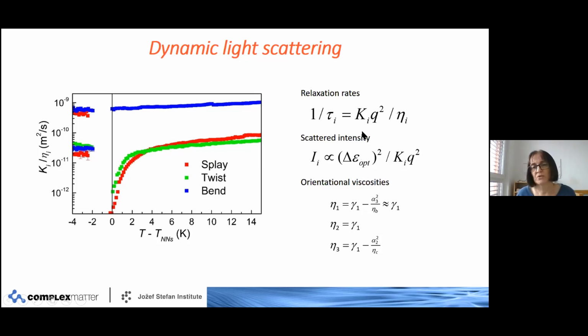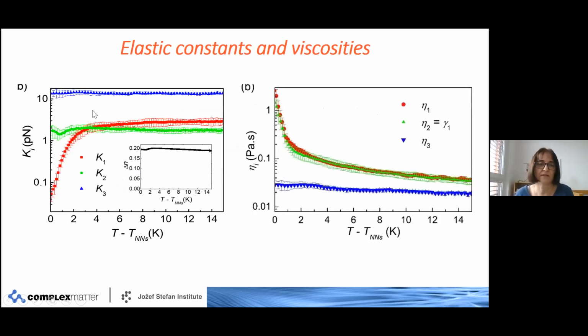To distinguish whether it is the elastic constant or the viscosity which causes this behavior, we also measured the amplitudes of the fluctuations, and this is what we get. The elastic constants are in this graph, and you see that the bend and the twist are not affected by the phase transition, while the splay elastic constant strongly decreases when we approach the phase transition.